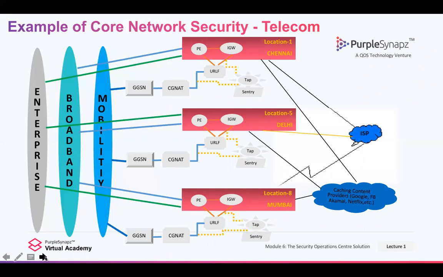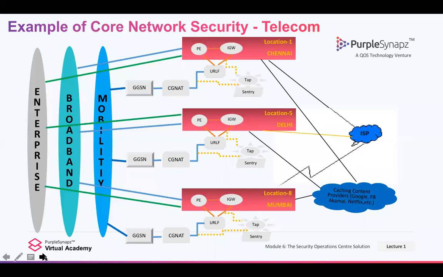Now, on a typical surveillance in cyberspace, that device is called a sentry. Sentry has a dictionary meaning: one who is a security guard. So they will watch. So tap and sentry will get fixed on such requirements.